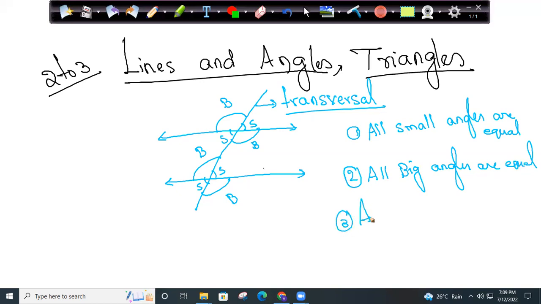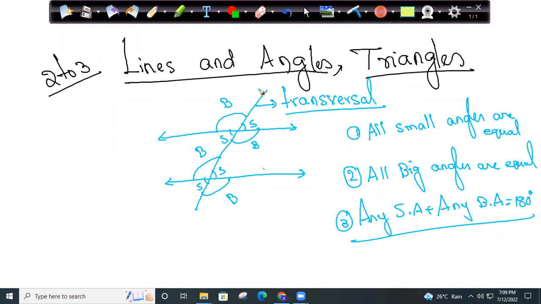Third point, any small angle plus any big angle is equal to 180 degrees. I hope I'm clear. All small angles are equal. Only two types of angles are formed when two parallel lines are intersected by a transversal.